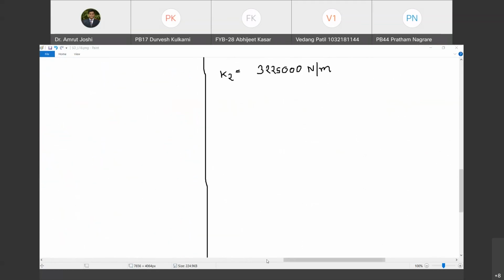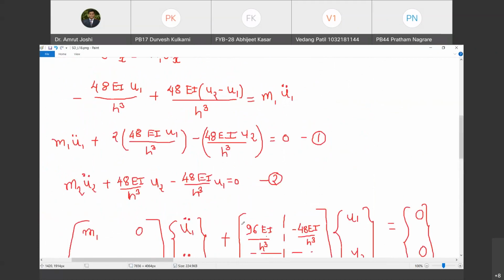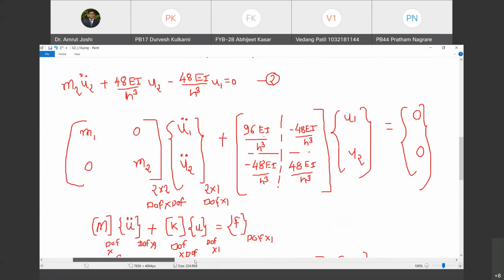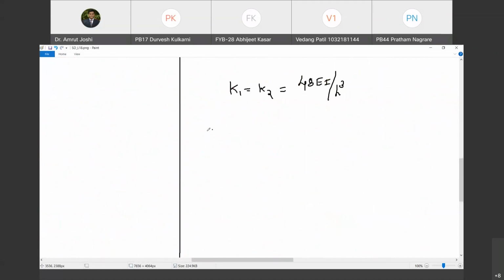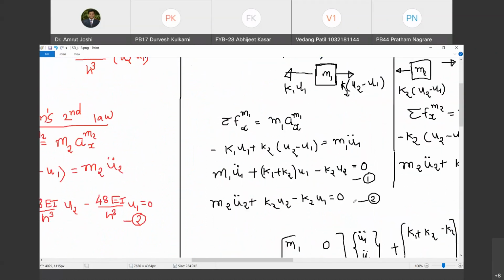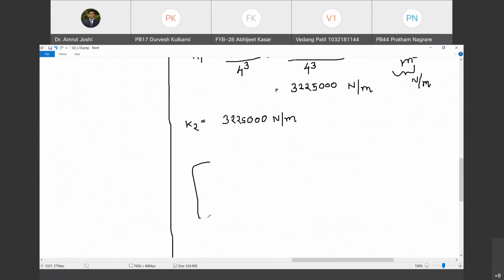So what is the equation that we are trying to solve? We now have the equation. Are you with me? I am going to substitute the values of M1 and M2. Tell me the values of M1 and M2.